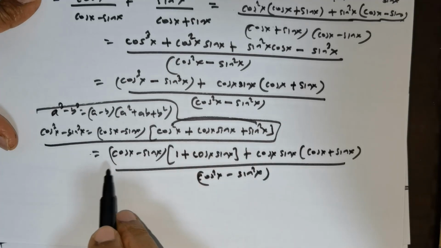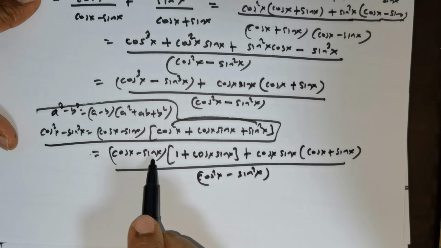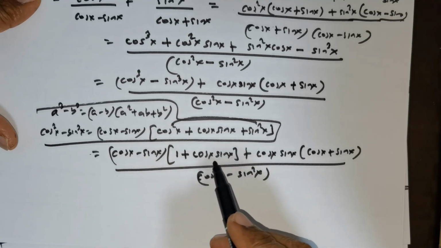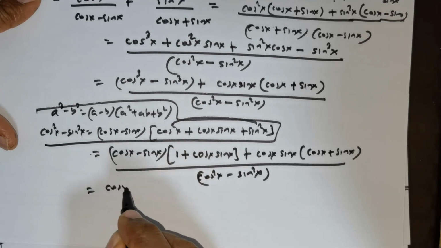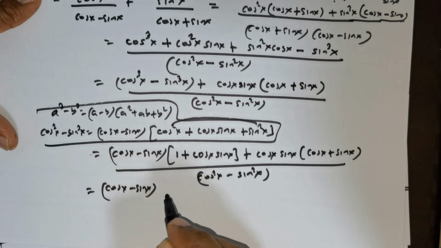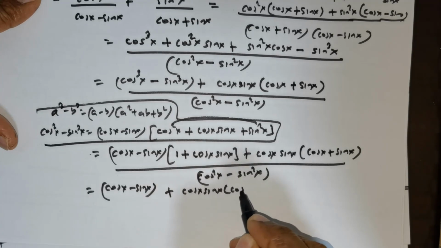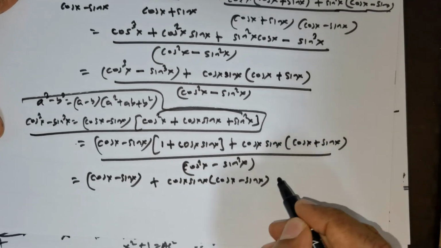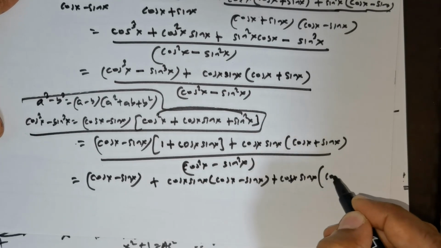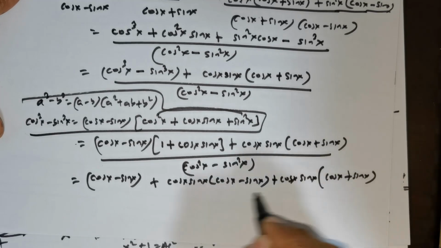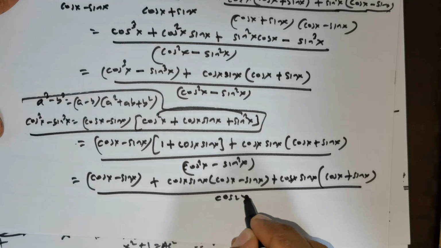Now cos x minus sin x times 1, and then you can actually distribute this. So this is going to be cos x minus sin x plus cos x sin x times cos x minus sin x plus cos x sin x times cos x plus sin x divided by cos squared x minus sin squared x is cos 2x.